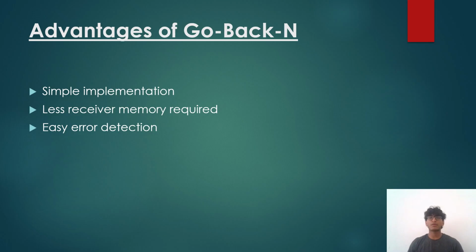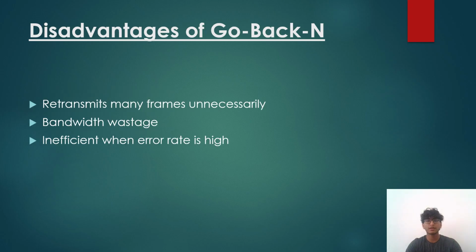The advantages of Go-Back-N are that it's simple to implement. Second, less receiver memory is required. And third is the easy error detection. Now, as it has advantages, it also has disadvantages. Here, the system retransmits many frames unnecessarily.